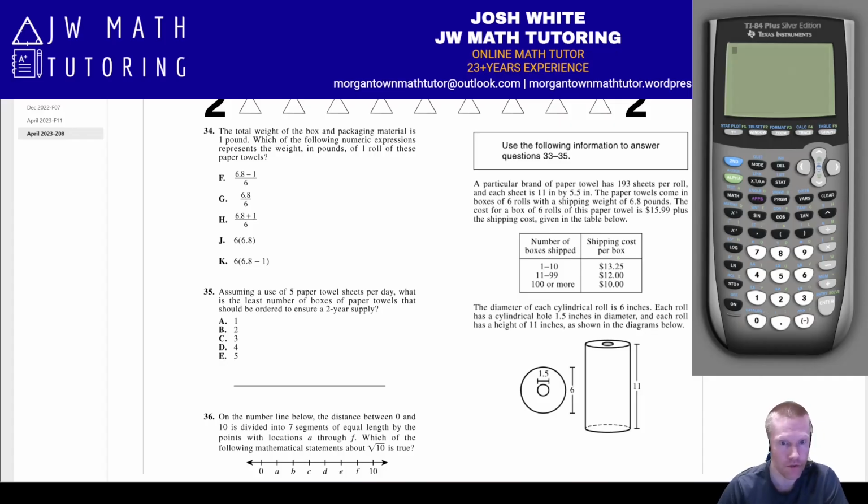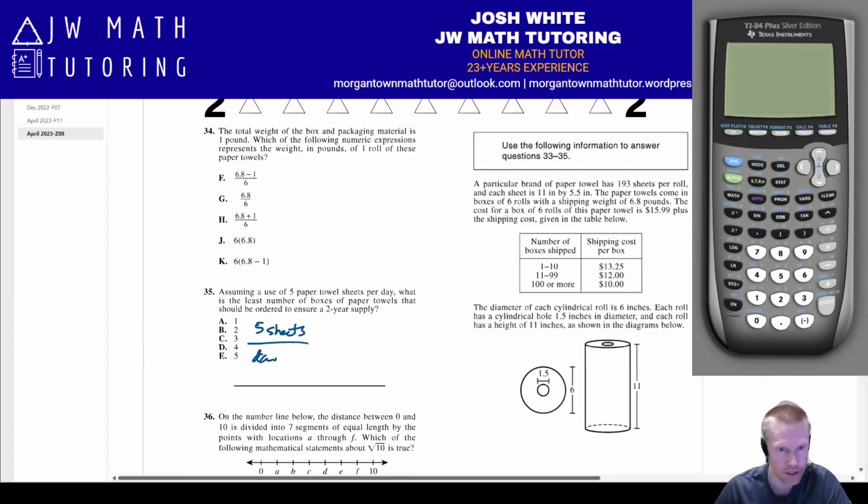All right, so in 35, we have the assumption that we're using 5 paper towel sheets per day, and we want to know the smallest number of boxes of paper towels we can order to get 2 years' worth of paper towels. There's multiple ways you could do this. First thing I would notice is it's just going to be some unit conversions.